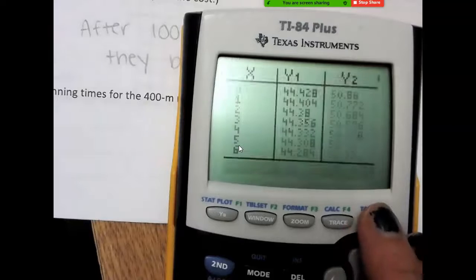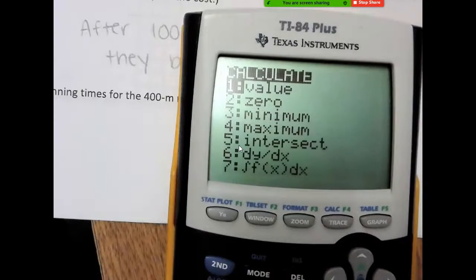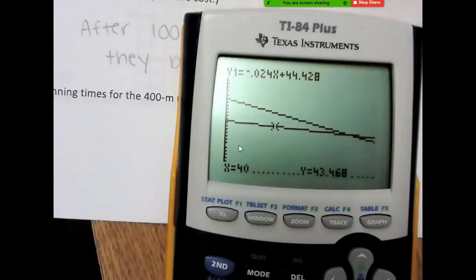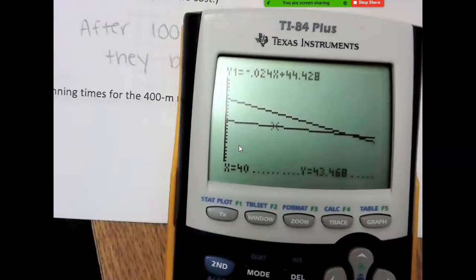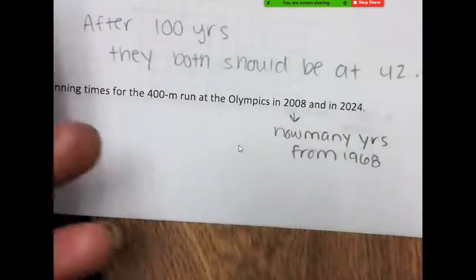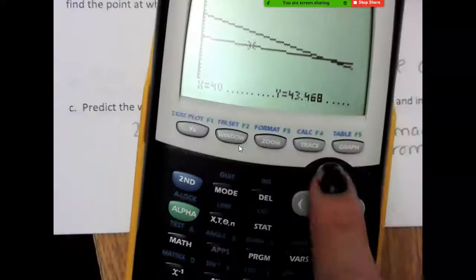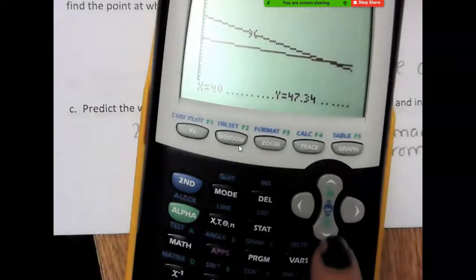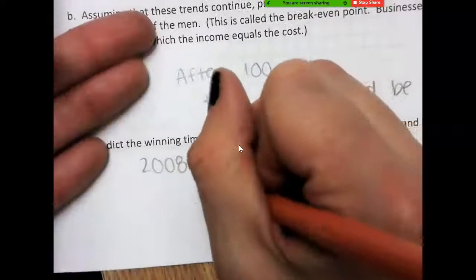So you go back to your graph and you need to find out when the x value is 40. So you can go second trace, go to value, type in 40, and the men's time is 43.468. And the women's, you can actually just arrow up. So hit the arrow up or down to move between the two, and it's 47.34.